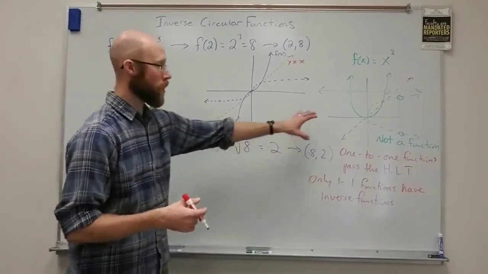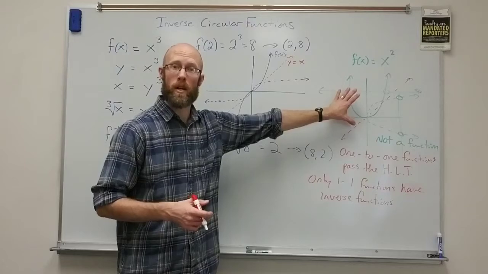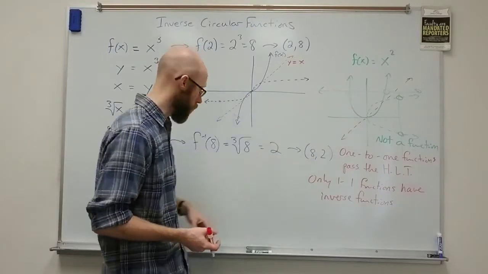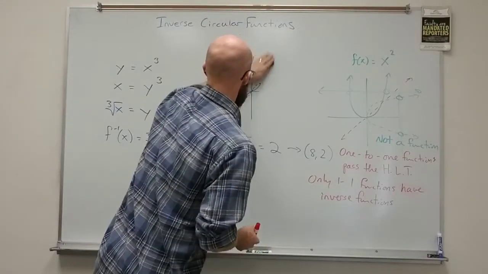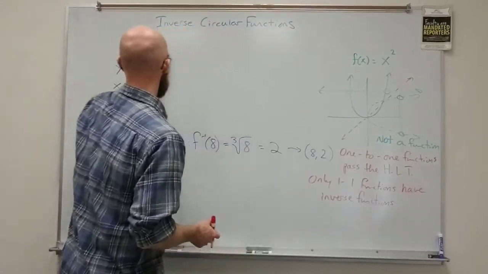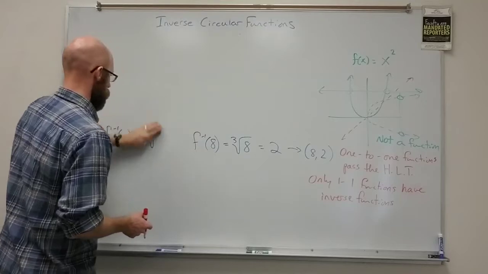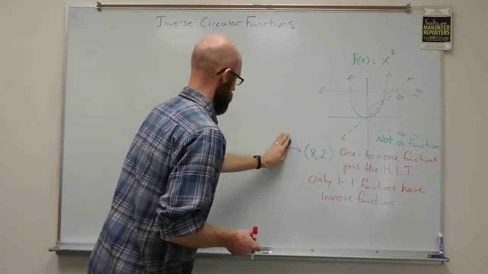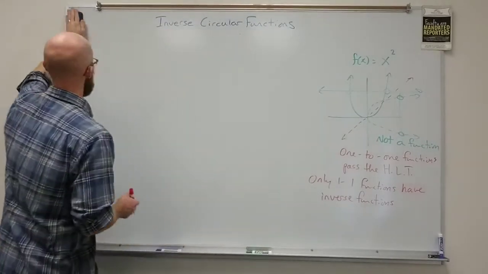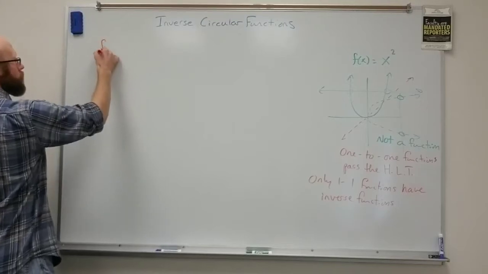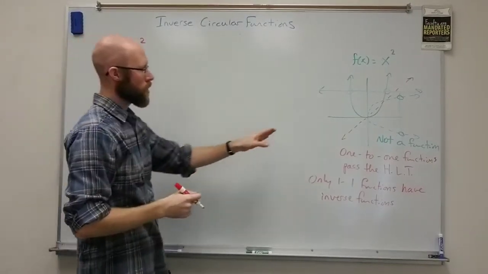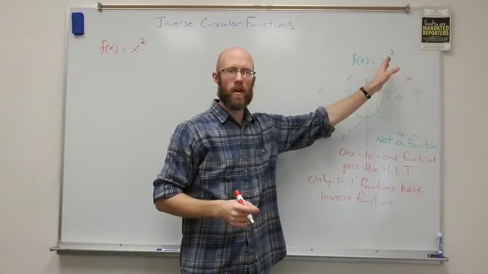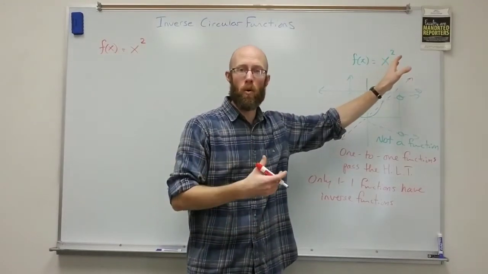Now, like I said, the tweak. There's a way to tweak this so that it can be one-to-one. And the tweak is that we can restrict the domain. We can still work with the x squared function, but we have to write it so that we are restricting part of the graph to be a one-to-one portion.